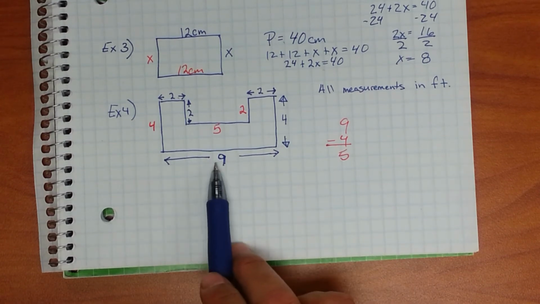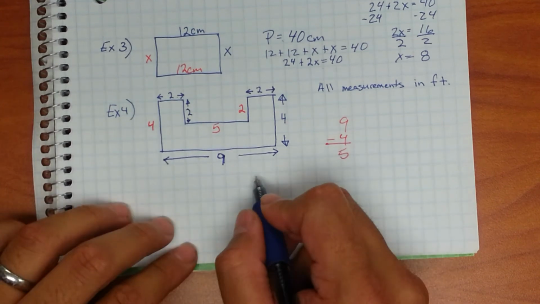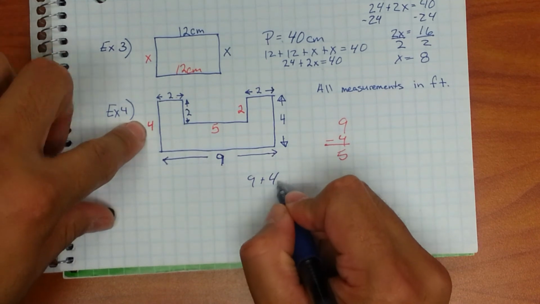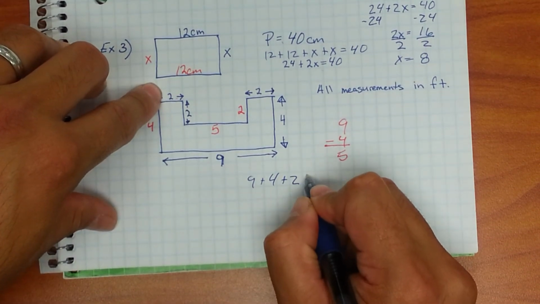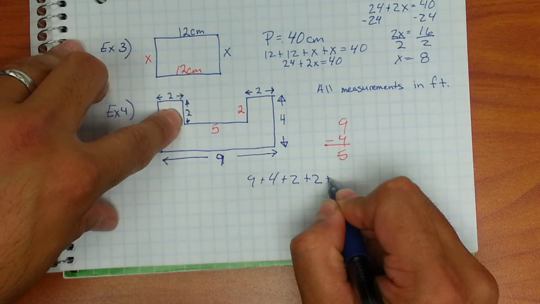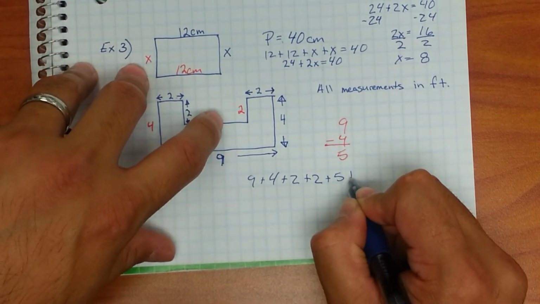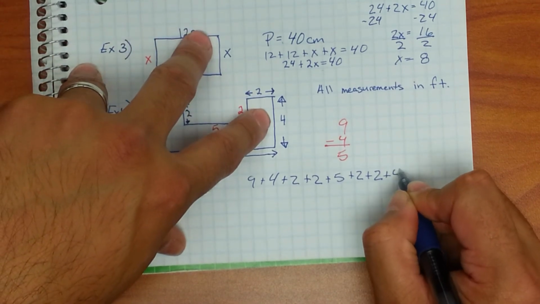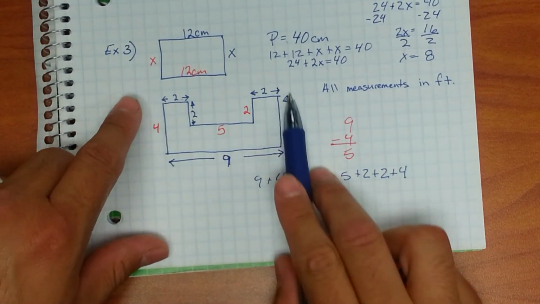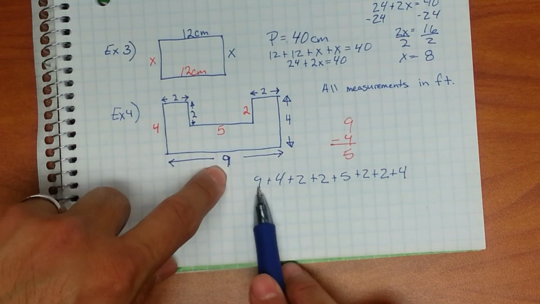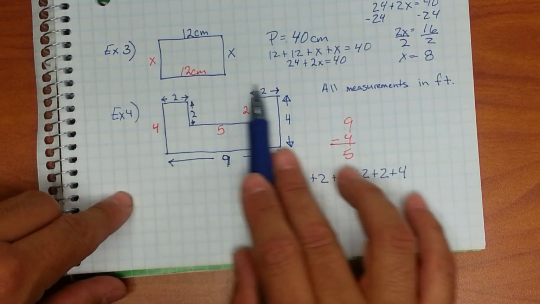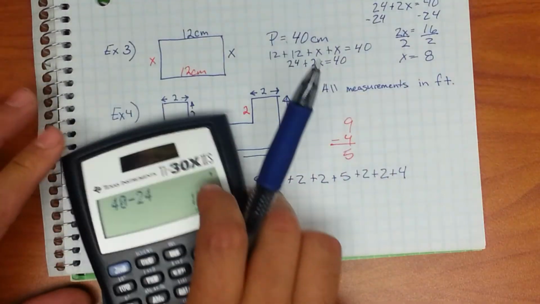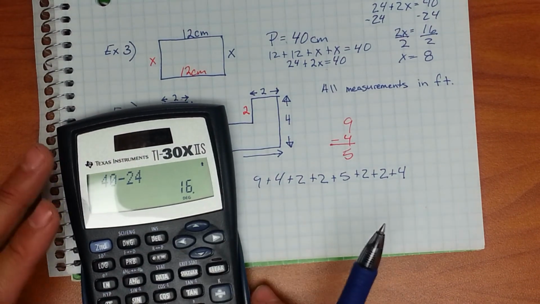I have 9 plus, so I'm going to work my way around, 4 plus 2 plus 2 plus 5 plus 2 plus 2 plus 4. Okay, the next one when I would go back around would be 9. So that was my first one. So I went all the way around, I got all the sides, and so that's going to give me my perimeter. So I'm going to take my calculator and enter that in.